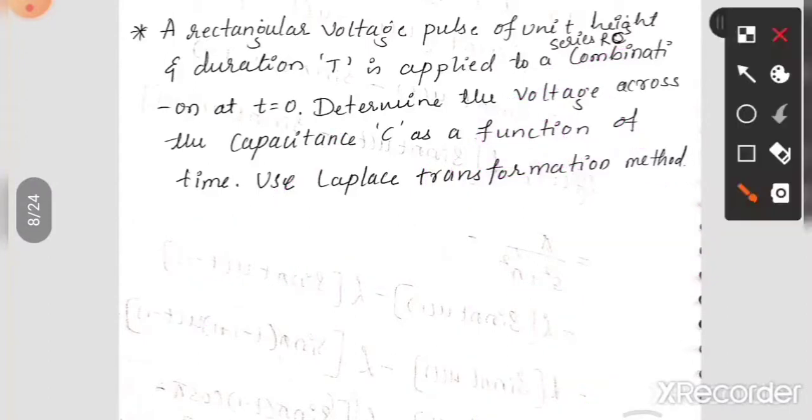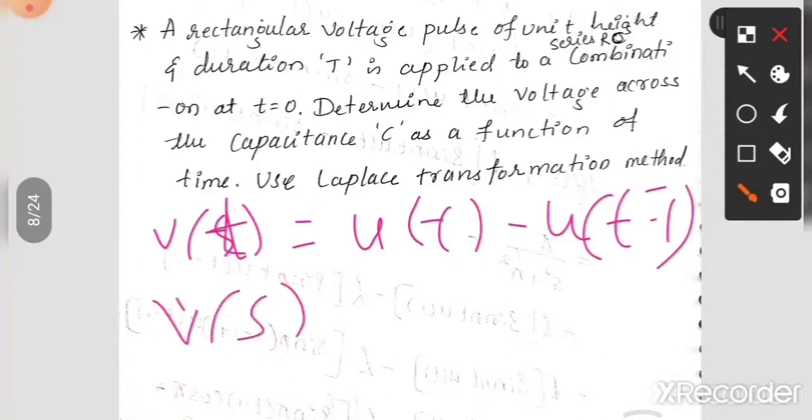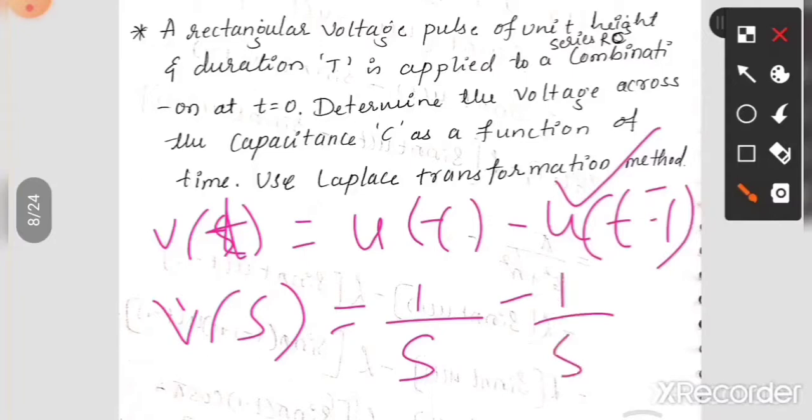Therefore, this V of t, the time signal, is u of t minus u of t minus capital T. Now we apply the Laplace transformation: u of t's Laplace transformation is 1 by s, and u of t minus T's is again 1 by s, but since it has a delay of T, it has to be multiplied by e raised to minus Ts.